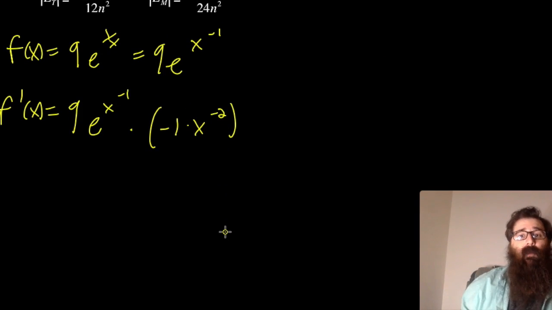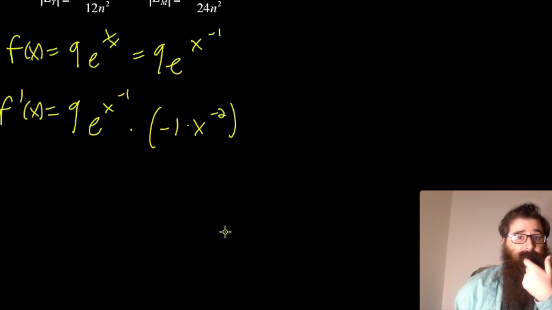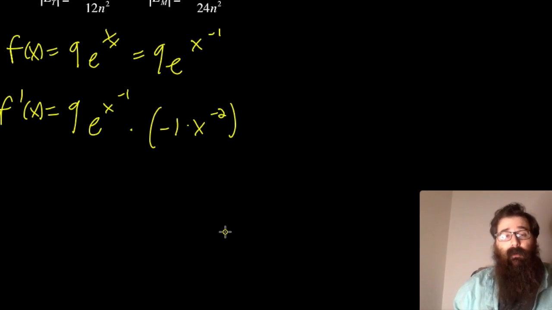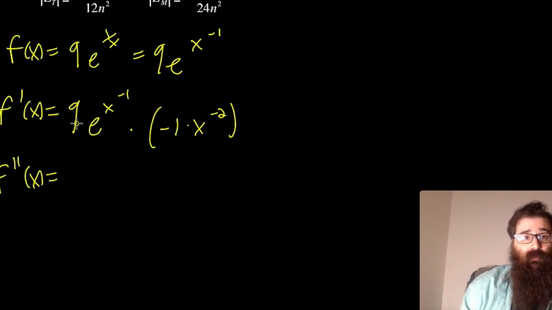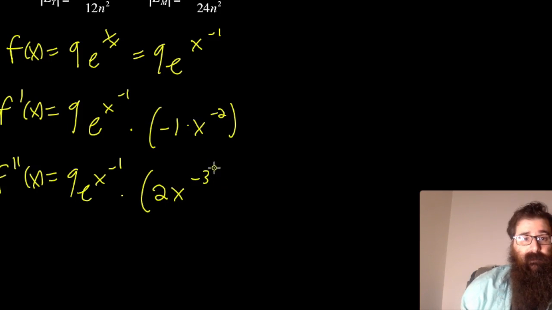Now from here, if I want to find the second order derivative, I'm going to need more chain rule, but overall I'm going to need product rule. So we'd say f double prime of x. For product rule, I'm going to rewrite this first factor, 9e to the x to the minus 1. The derivative of the second factor is going to give me positive 2, x to the power of minus 3.